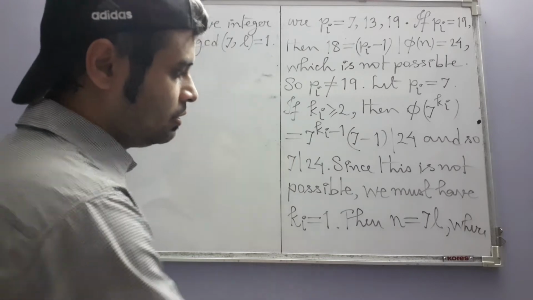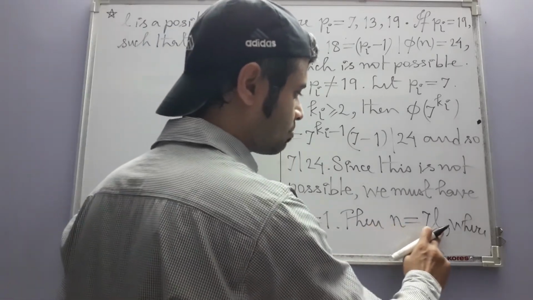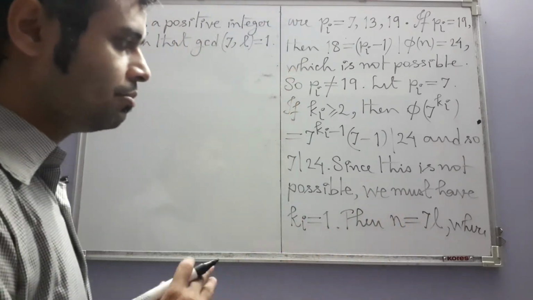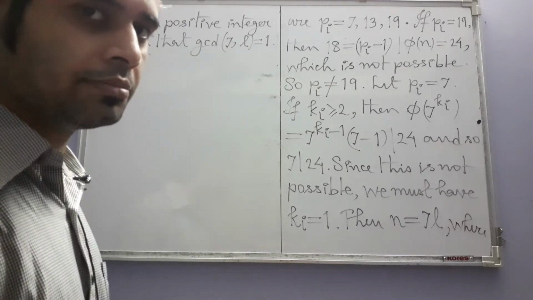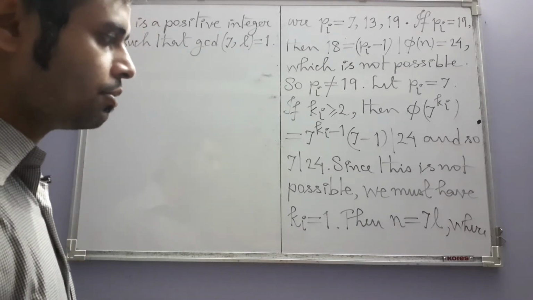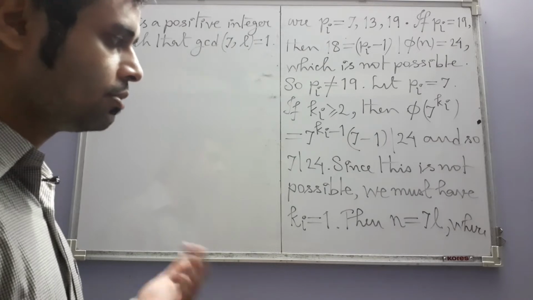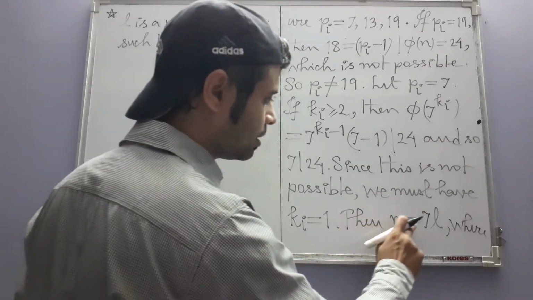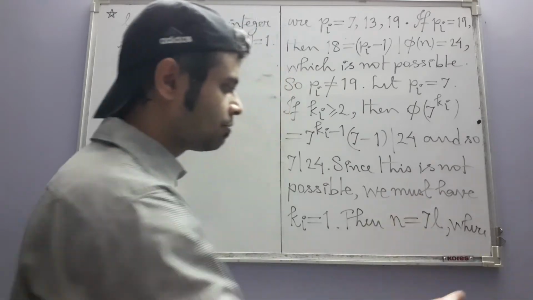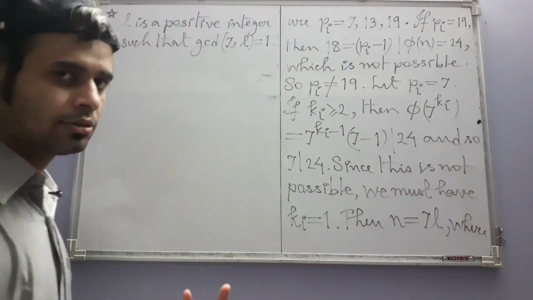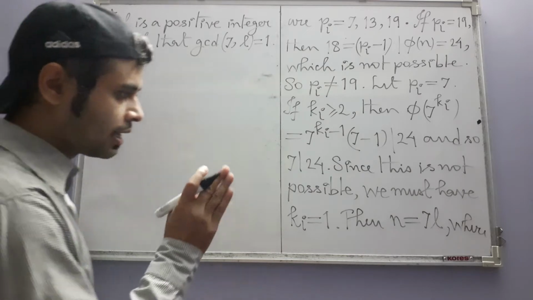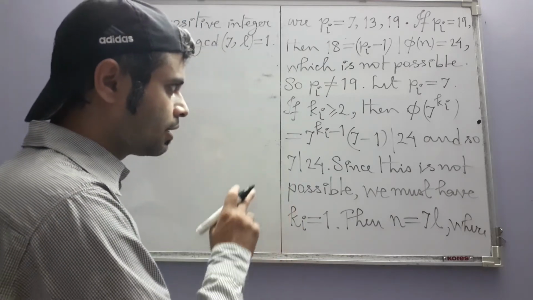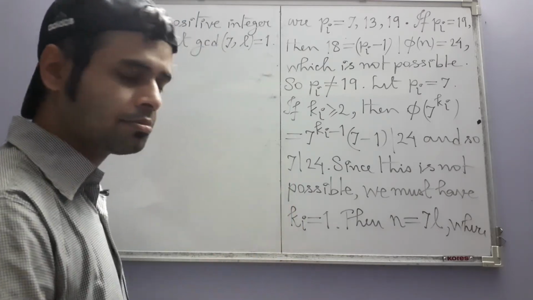But when we realize n as a product of two co-prime integers, or two relatively prime integers, then we know how to calculate the phi value of n. In that case, the phi value of n will be the phi value of 7 times the phi value of L, because they are relatively prime. And in fact, that's what it means when we say that the function phi is multiplicative.